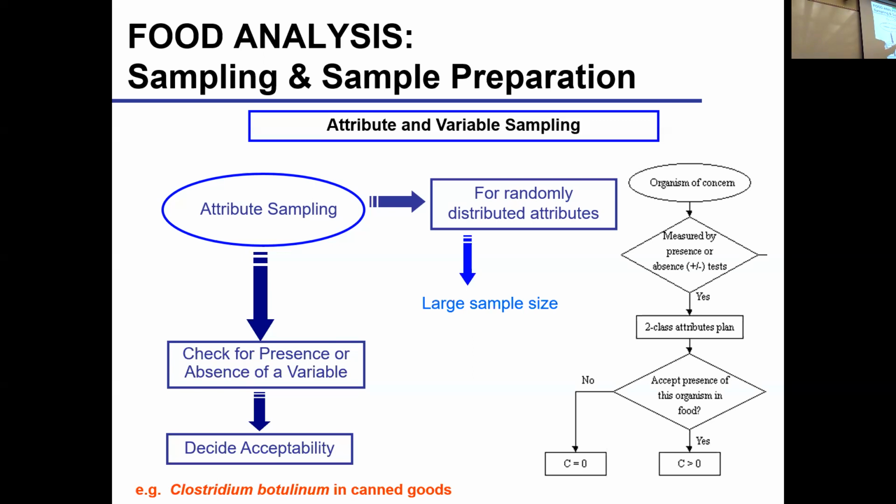If you want to accept this organism in food, it has to be a certain count or less than a particular count. If you shouldn't have anything in there, count 0, then you would reject directly. If you have more than 0, if you have 1, you reject.